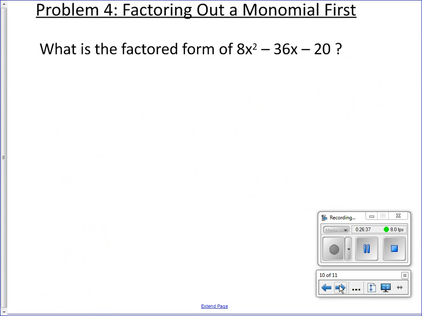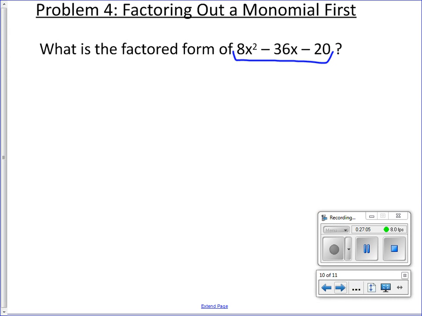All right, problem 4. Factoring out a monomial first. This is reaching the pinnacle of what we're going to do in this chapter. Sometimes when you have a polynomial, you have a greatest common factor in each of these terms. You should factor that out before you do anything else.